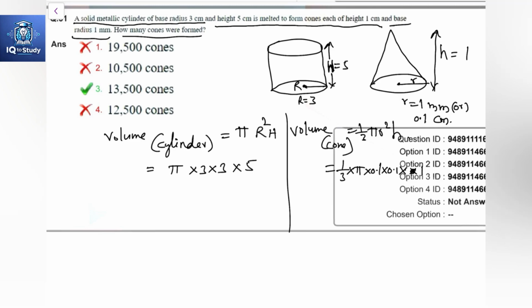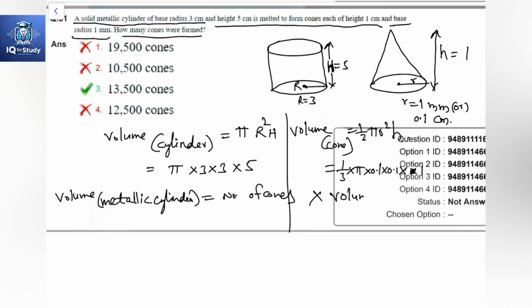As per the question, volume of metallic cylinder is equal to number of cones into volume of a cone.